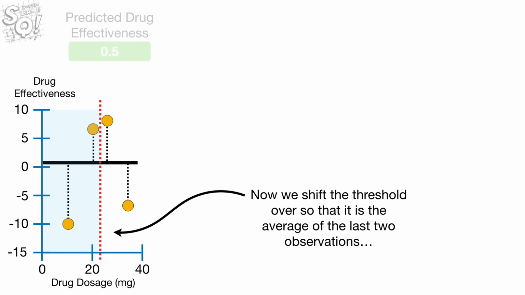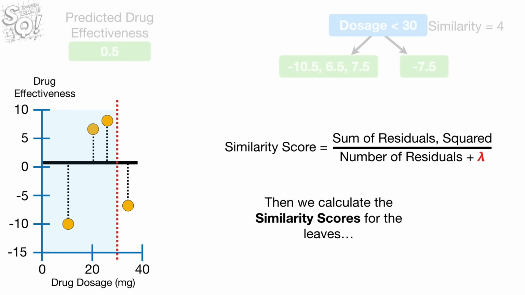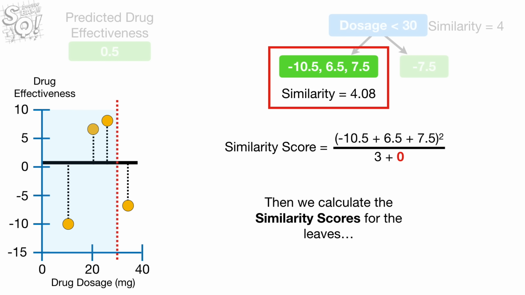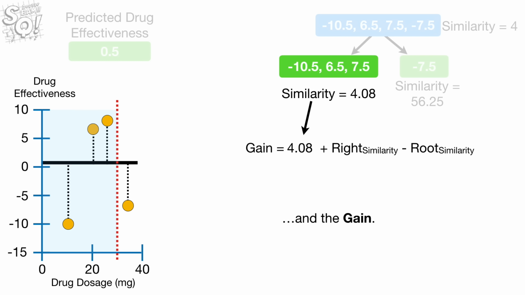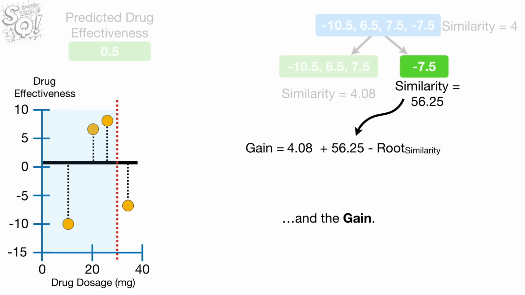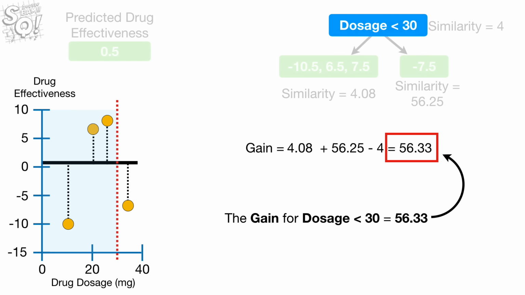Now we shift the threshold over so that it is the average of the last two observations, and build a simple tree that divides the observations using the new threshold, dosage less than 30. Then we calculate the similarity scores for the leaves and the gain. The gain for dosage less than 30 equals 56.33.